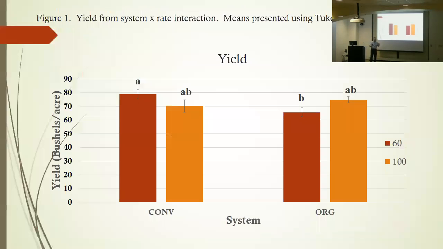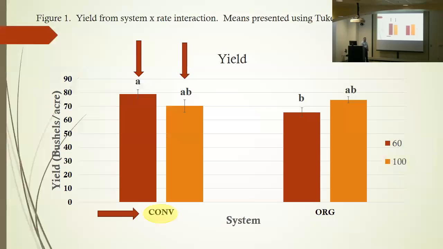To visualize the interaction between the system and trade in terms of average mean yield, with the average mean yield on the y-axis and the system on the x-axis, we can tell that there is a high average yield in terms of system, between conventional and organic at 60 to 80, while at the 100 rate, there is no significant difference between systems.